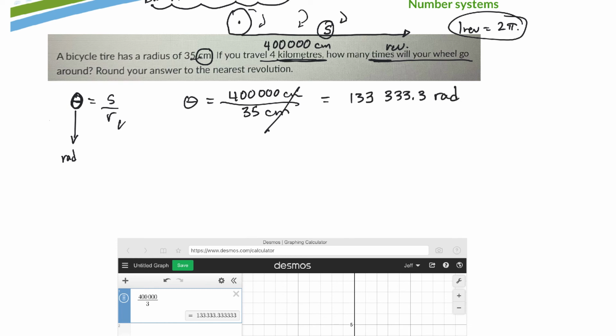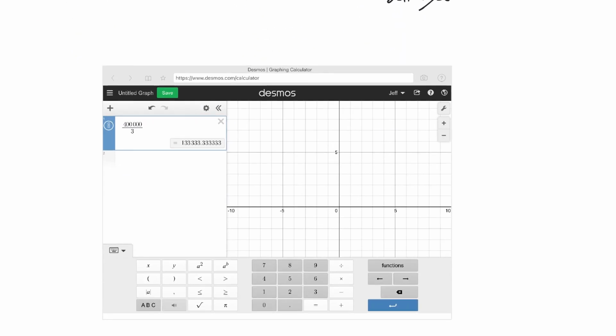But the question says, how many revolutions, how many times will it go around? So I can take that number, 133,333.3, etcetera radians, and multiply it by 1 revolution over 2 pi radians. I put the radians on the bottom so I can cancel them. So let's continue down there with our decimals.